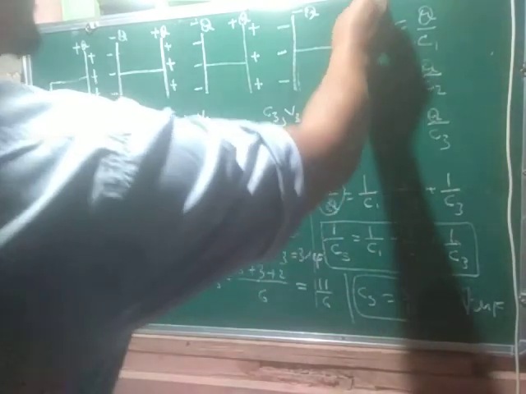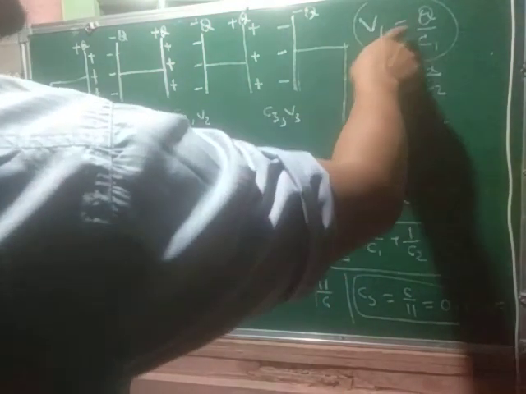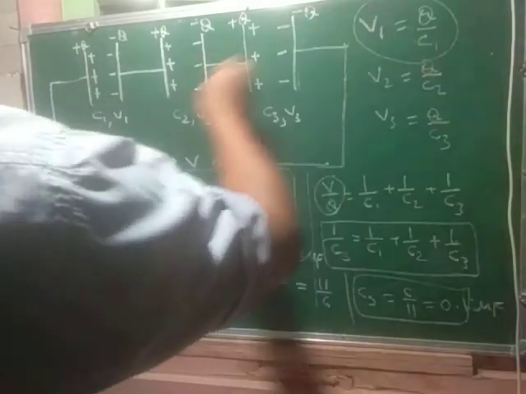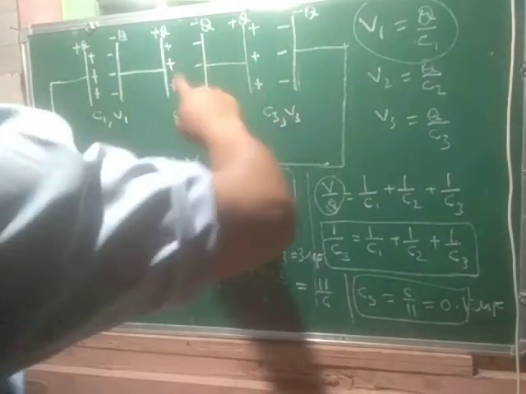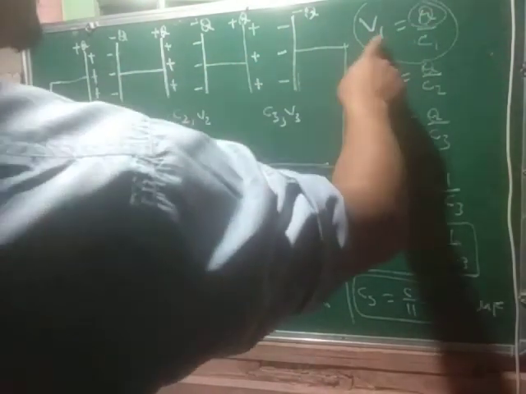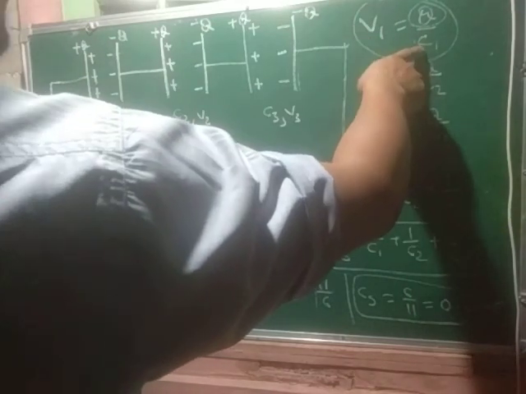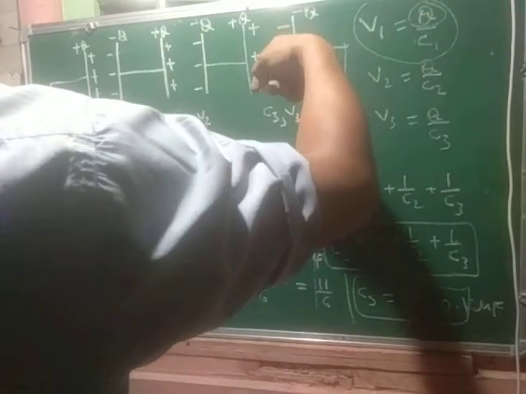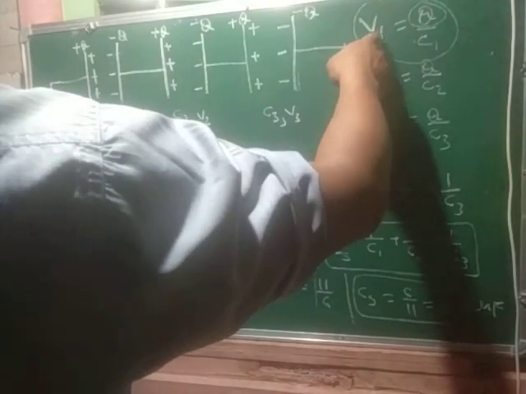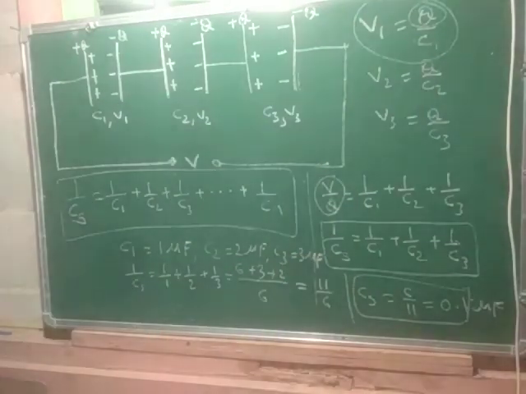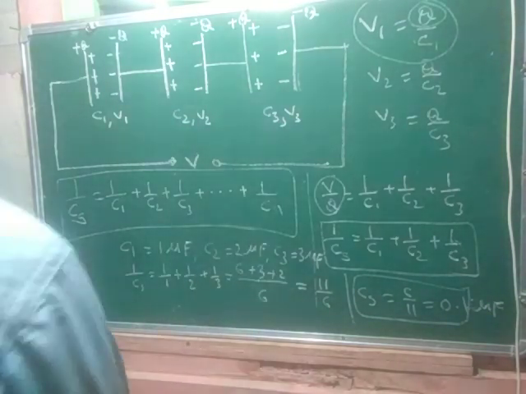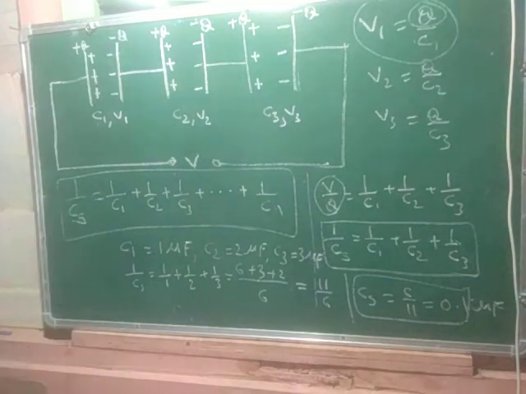Because Q is constant, meaning the charge on each capacitor is the same, the potential difference depends only on the capacitance of the individual capacitors. Therefore the potential difference is inversely proportional to the capacitance. These are the points to be noted regarding the series combination of capacitors.